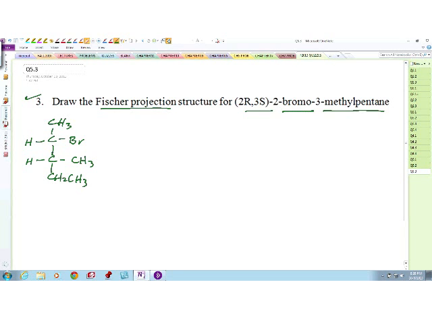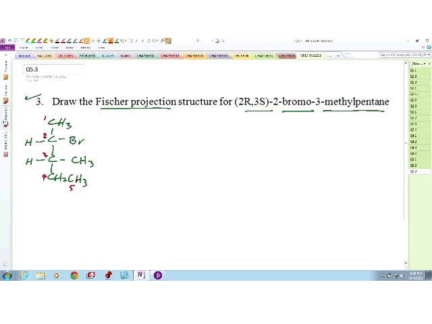Keep in mind you have to make this 2R and 3S. So let us number this molecule: 1, 2, 3, 4, and 5. The first question I want to ask you: how many chirality centers does this molecule have? 2.